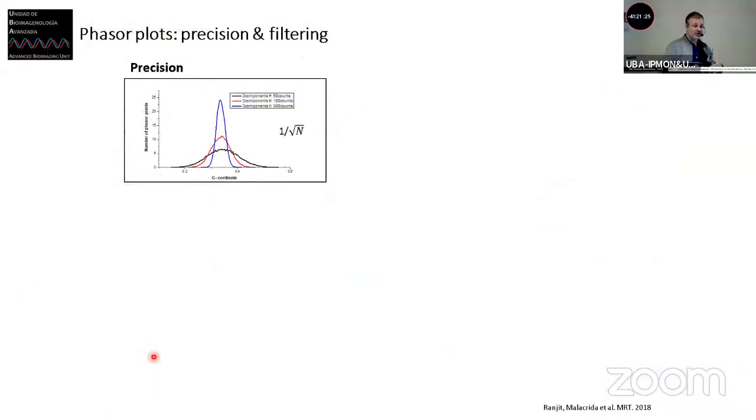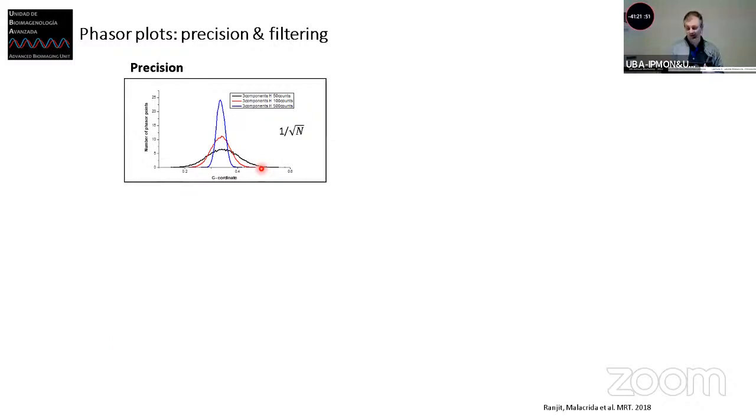But the Phasor also has a very unique opportunity, because most of the time we have very few photons, and the precision in the measurement always relies on the inverse of the square root of the number of photons. If you have few counts, your distribution in the Phasor will be broad. If you have a lot of counts, it will be very sharp.